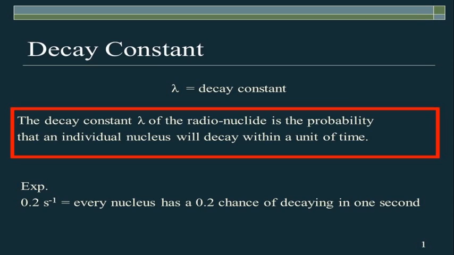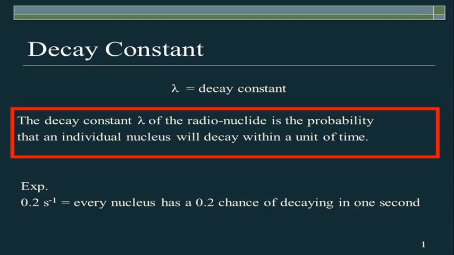So it is a disintegration constant, isn't it? The decay constant is also known as the disintegration constant, which gives you the probability that an individual nucleus will decay within a unit of time. We had the equation dN by dt is equal to lambda N, isn't it? So you can write lambda as dN by dt divided by N. So lambda will have a unit second inverse.